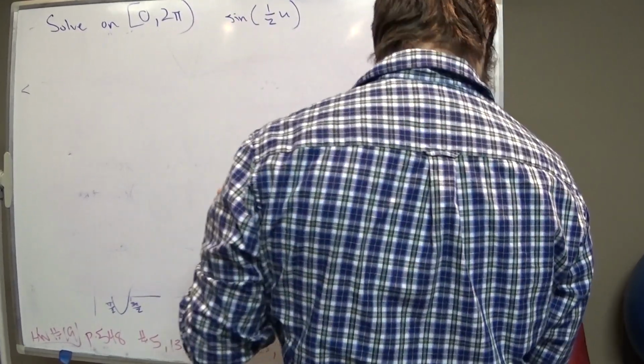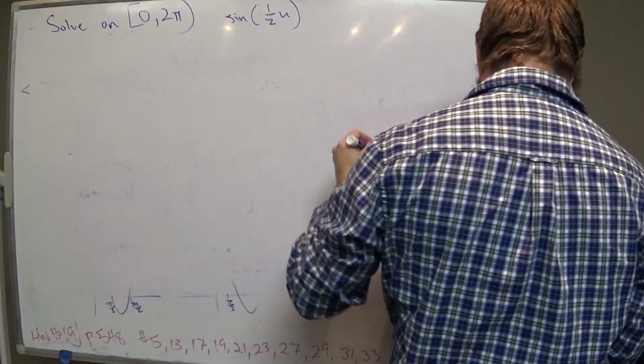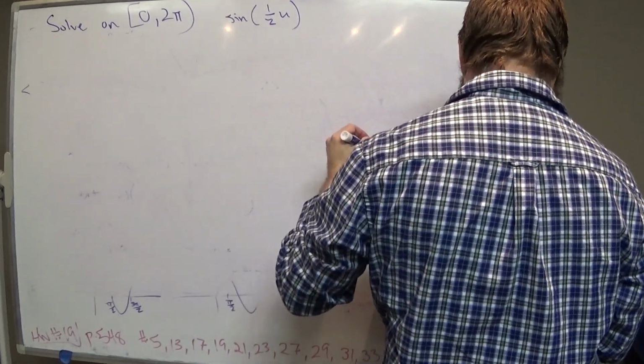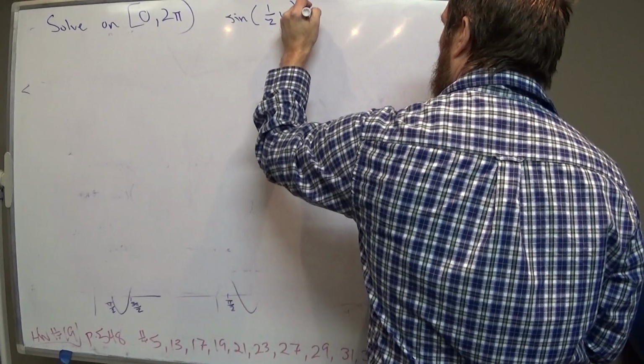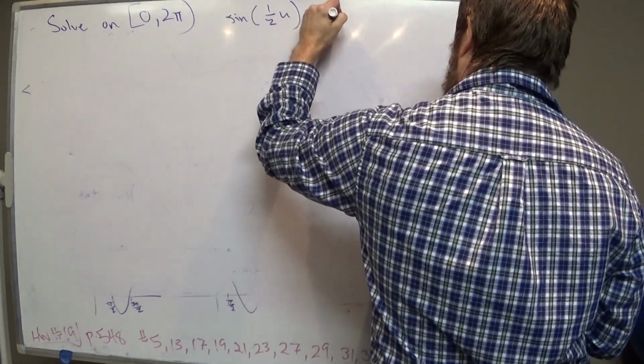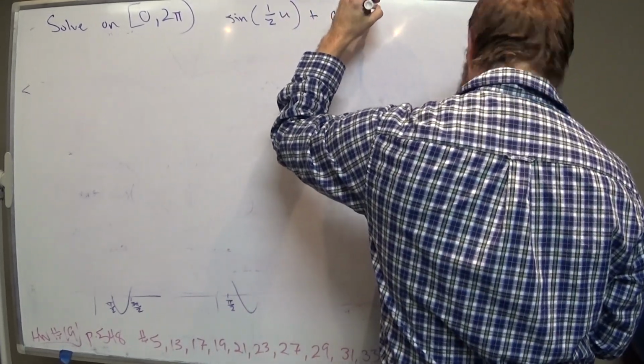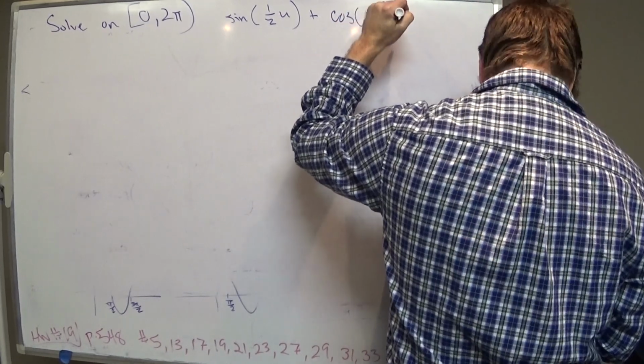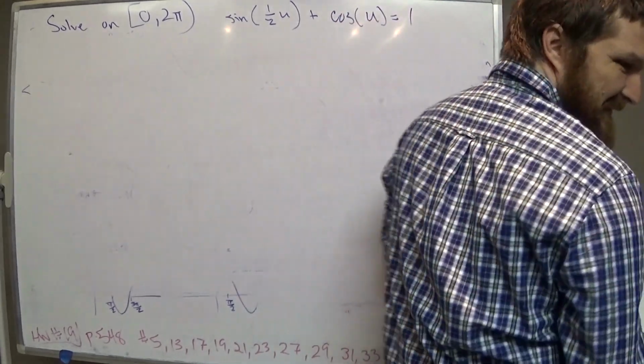So that's not 1 over 2u. Maybe that's what messed you up. Wait, what? It's not 1 over 2u. It's 1/2 u. Are you sure? I'm looking at it. My book is... No. What? Okay, well, I figured out the trouble.